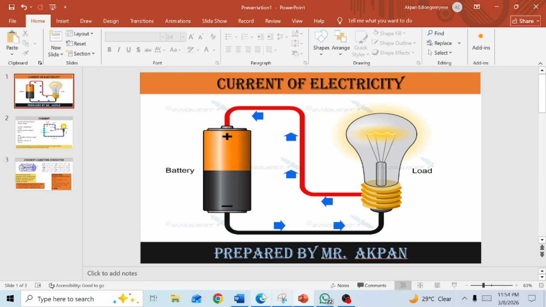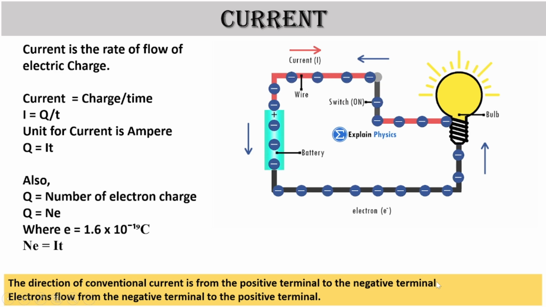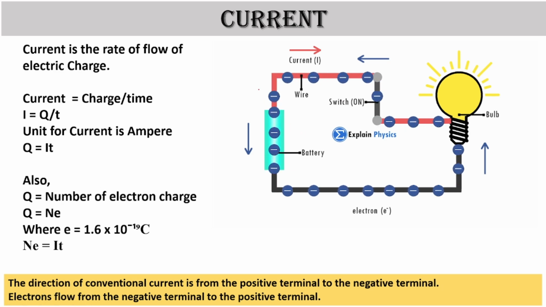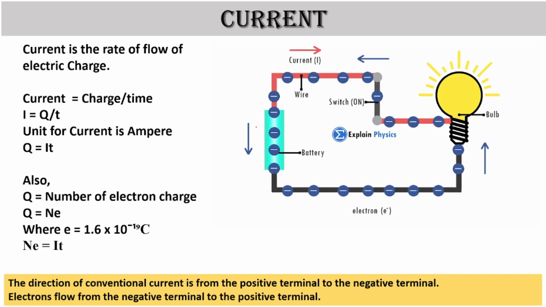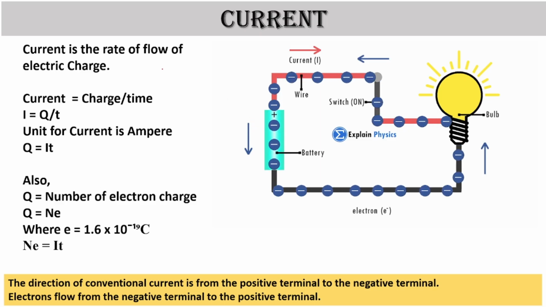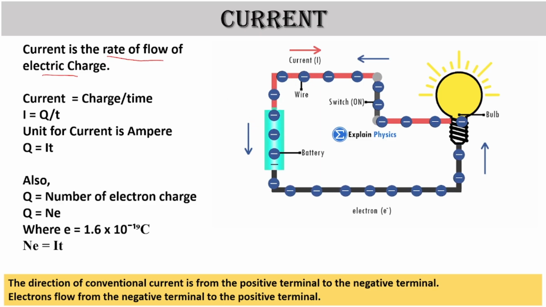First, let's start with this. It's important for you to note that electrons flow from negative to positive. That is how we have electric currents. And so what is electric current? Electric current is the rate of flow of electric charge.